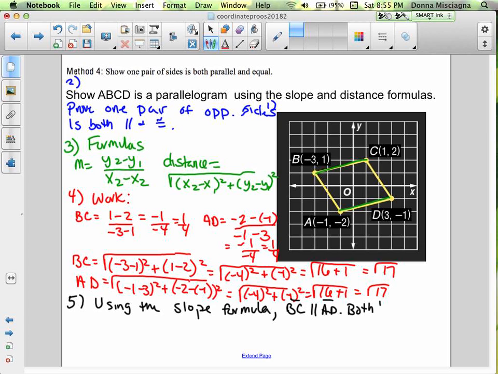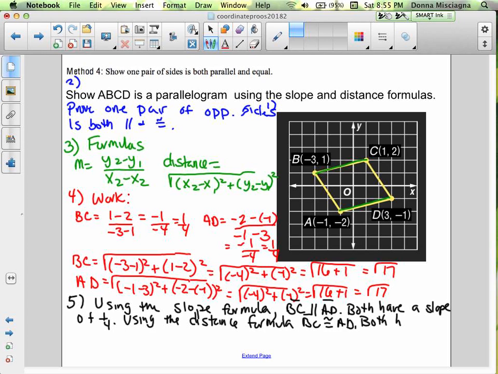Both have a slope of 1/4. Using the distance formula, BC is congruent to AD. Both have a length of square root of 17.